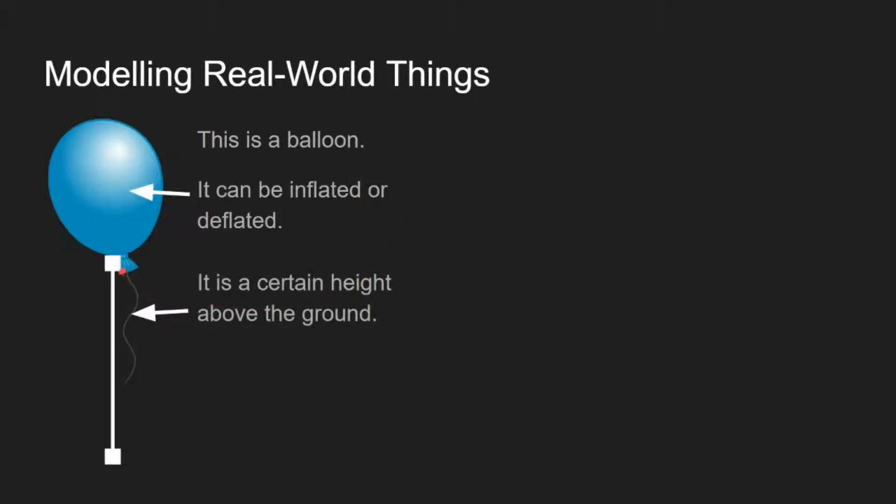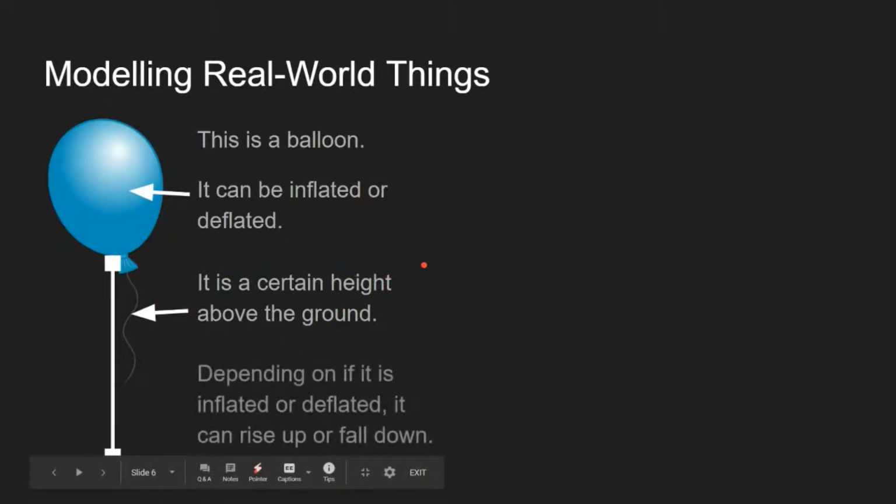It is always a certain height above the ground, like 0 meters, 5 meters, 10 meters. This is represented with a number. And finally, depending on if it is inflated or deflated, it can rise up or fall down. This has a condition and some action built in, so it is going to be represented by a function.